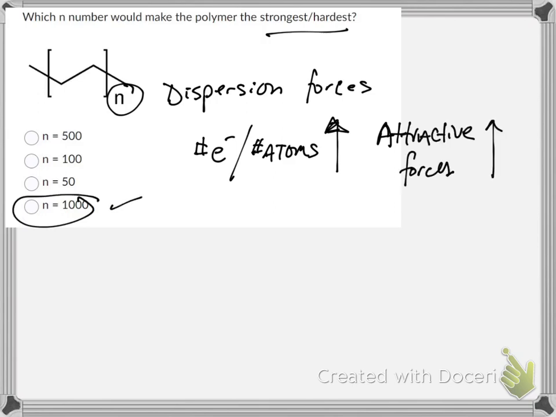So the longer the chains are, the more rigid, the harder we expect those chains to be. There are two ways to make these chains stronger: you can make them longer so they interact more, or you can add more electrons without branching.